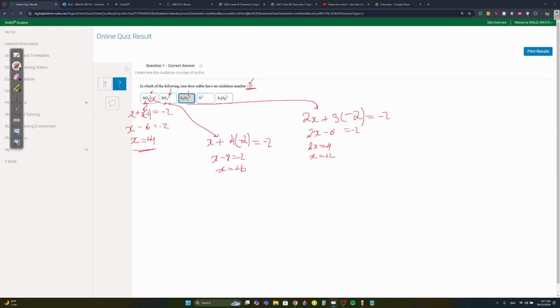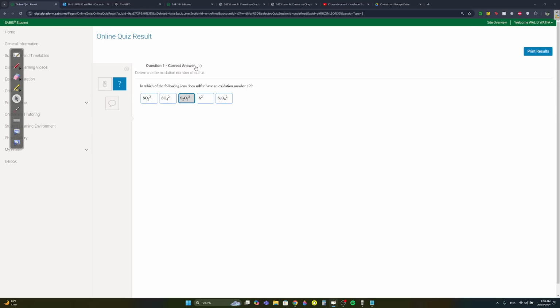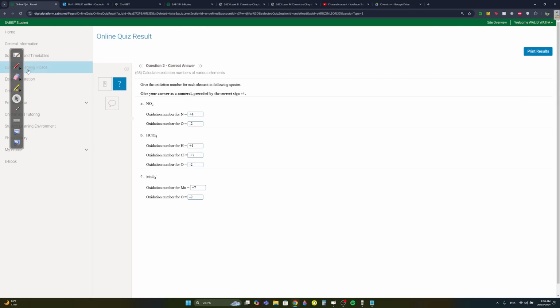Don't we want +2? Yes. Here, the charge is going to be -2. And here, it will be -12. It would be +5. We don't want that. Okay, so this is our only correct answer. That's it. This is the only way to calculate oxidation numbers. Like, it doesn't get harder than this.